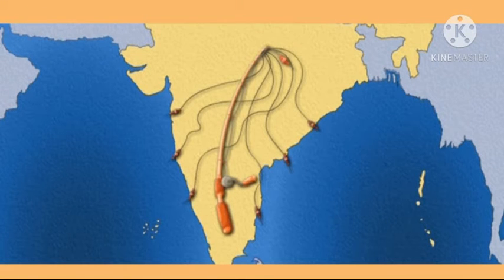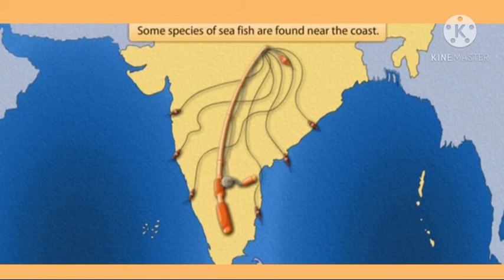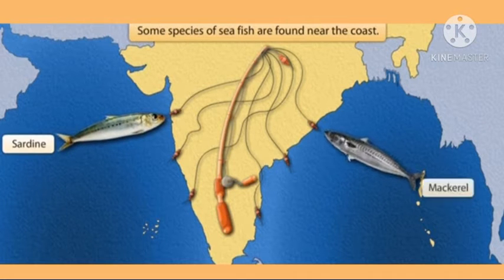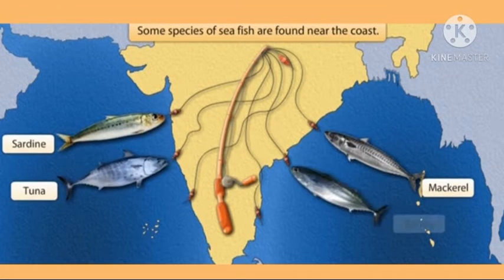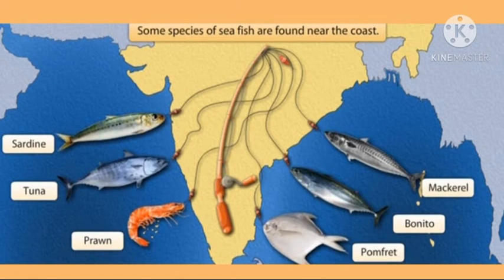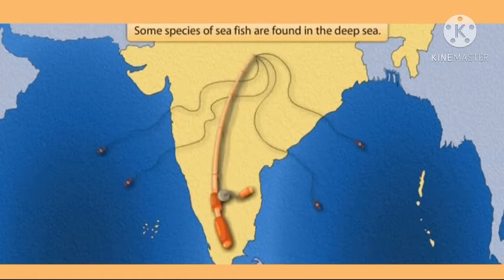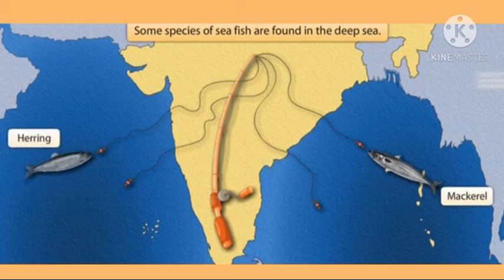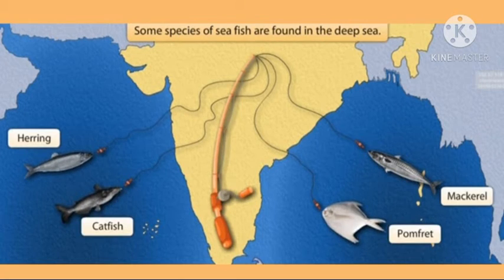Interestingly, the depth of the sea determines what type of fish is available. Up to a depth of 25 meters along the coastal line, we get sardines, mackerel, tuna, bonito, prawns, and pomfret. In deeper waters, further away from the coast, we find fishes such as mackerel, herring, catfish, and pomfret.